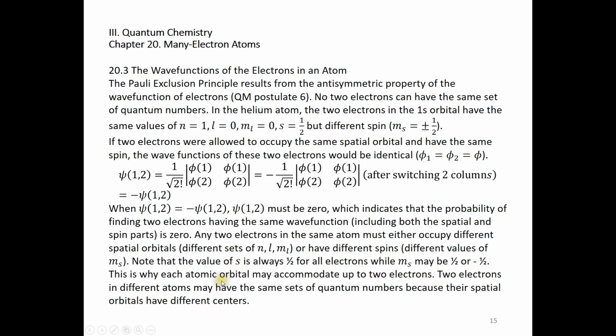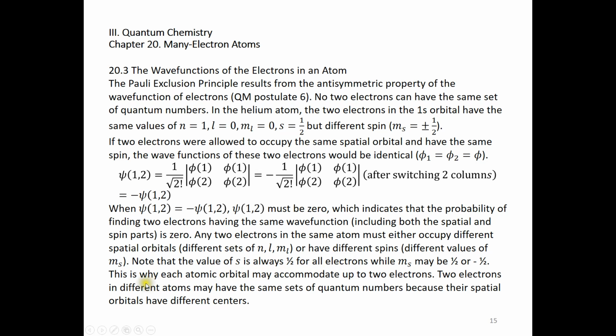And this is why each atomic orbital may accommodate up to 2 electrons, not 3 electrons. When you have 3 electrons in the same atomic orbital, inevitably you will have either 2 alpha electrons or 2 beta electrons. That will make this wave function 0. And that means the probability of finding 3 electrons in the same atomic orbital is 0.